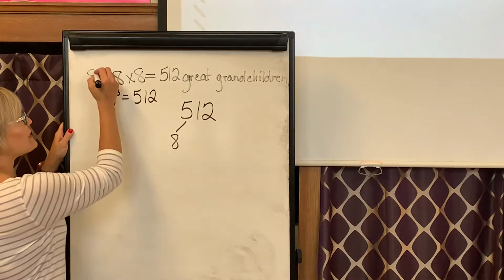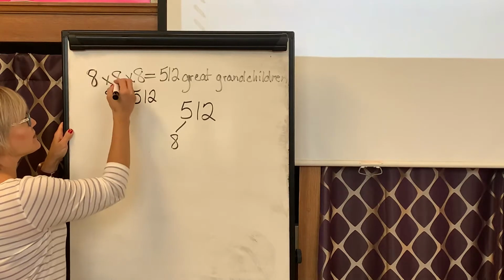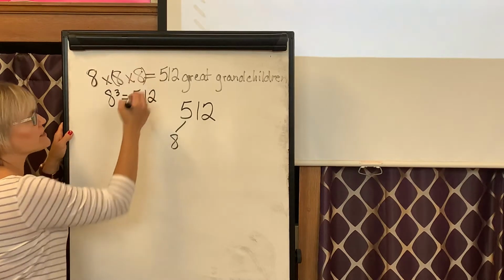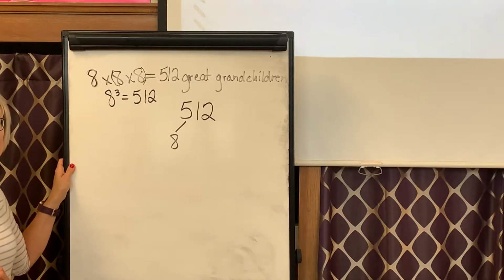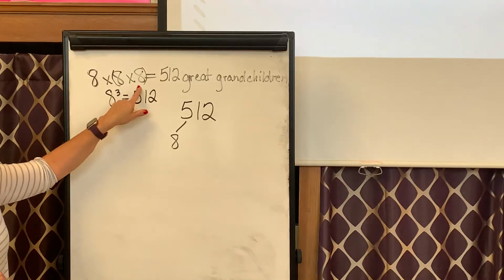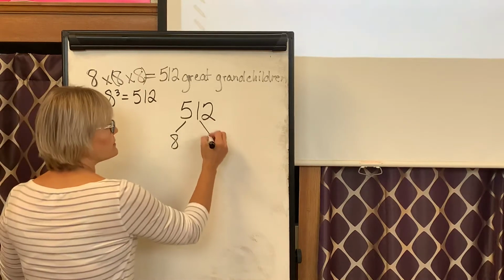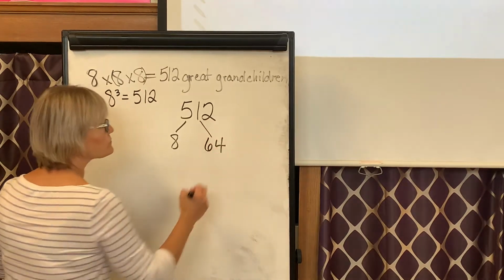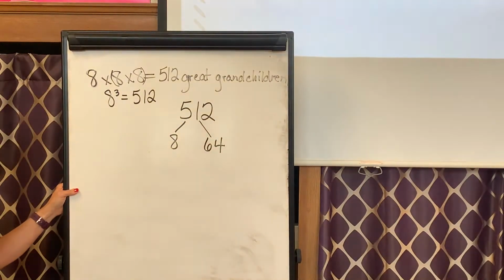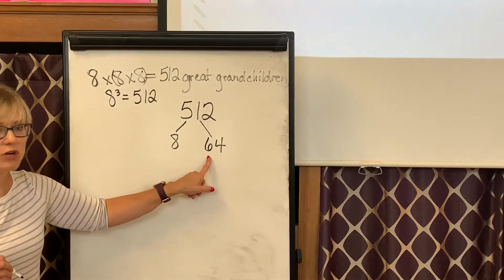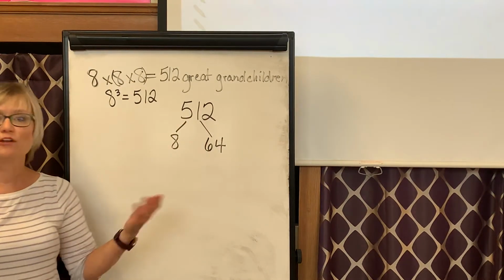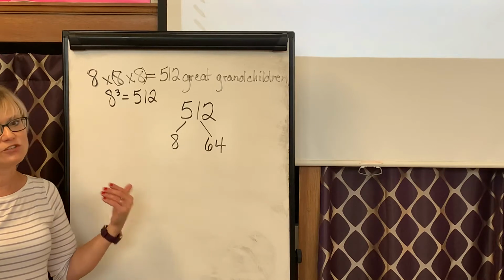Well, if I've already used this 8, then I can put together these other 2 8s to get another factor of 512. When I put together 8 times 8, I get 64. So 8 times 64 gives me 512. But they're both composite numbers. Remember, I have to get to the primes.